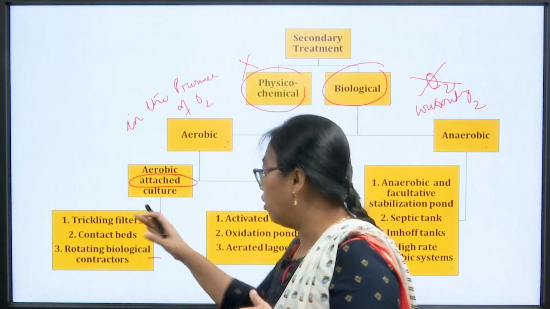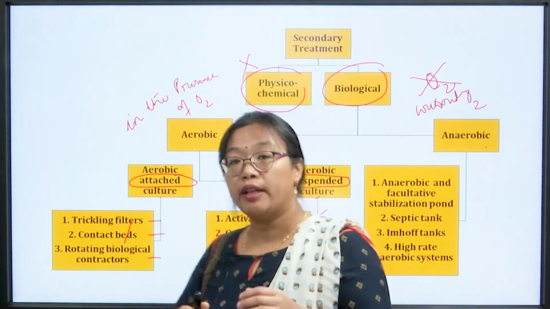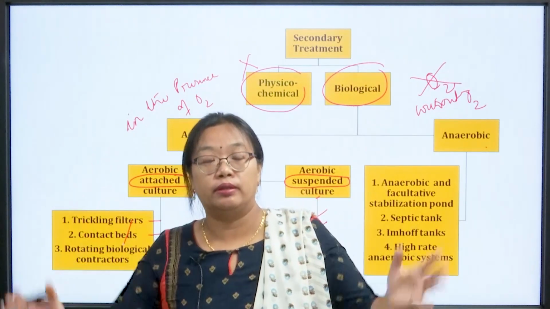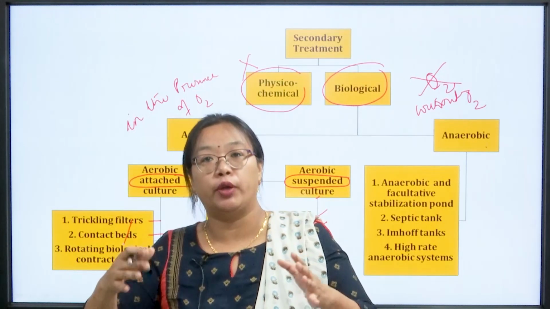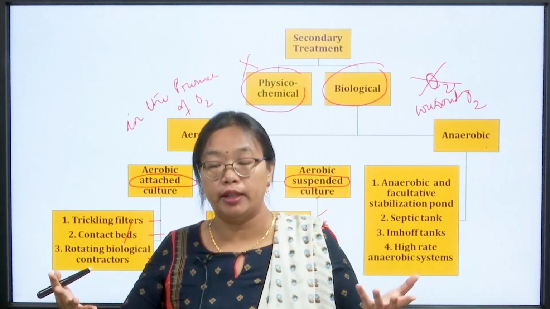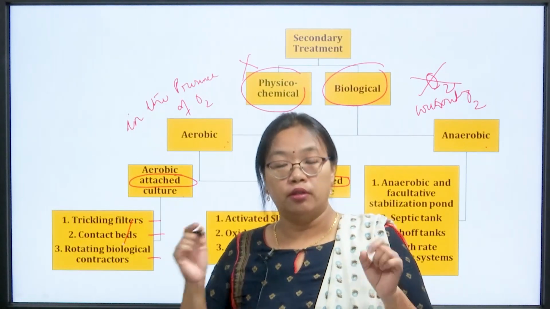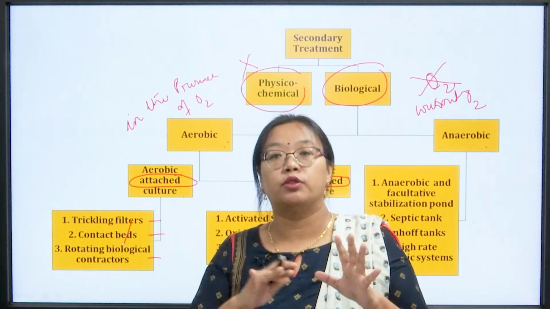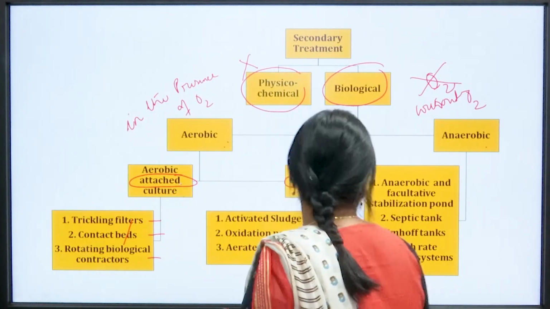There may be more, I have just written the major ones. In activated sludge, it is a tank with the wastewater and the bacteria, which is free flowing, and it can move everywhere it wants. Even in oxidation ponds the bacteria are free flowing, not attached, there is no media, whereas in attached we have media.